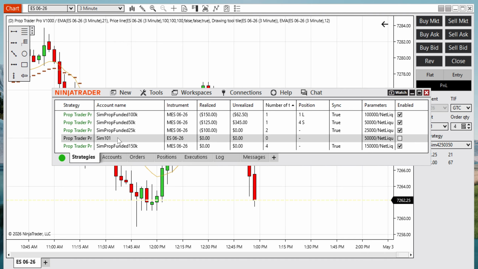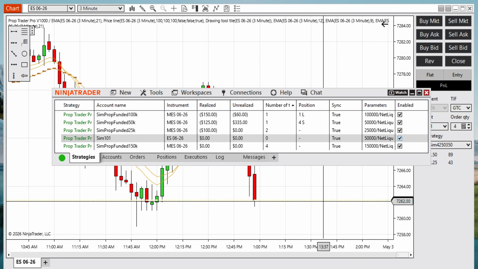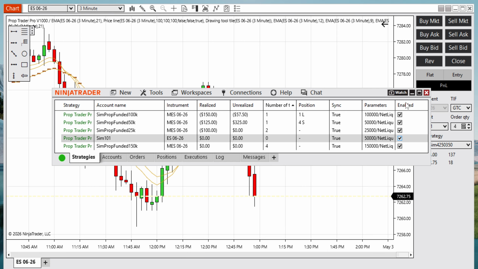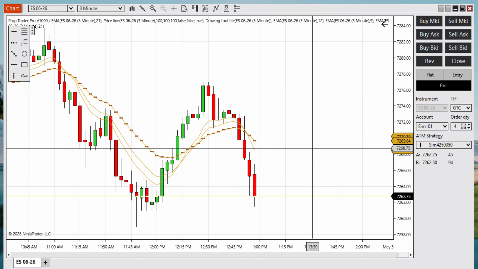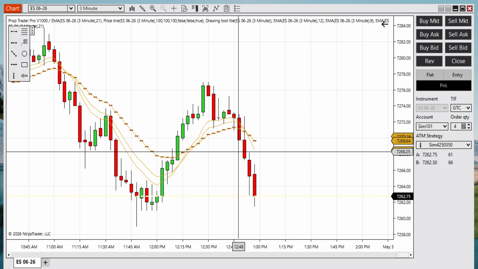So this sim one is our test. All you have to do is enable. Now sim is enabled on this account, and I will be able to watch the trades.